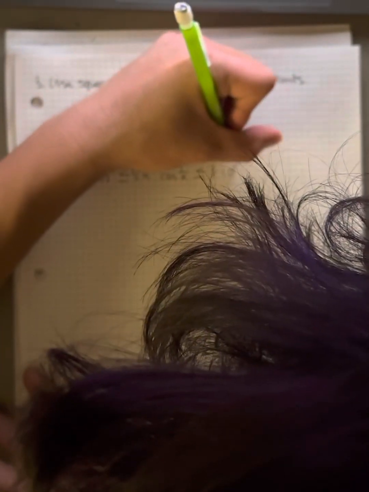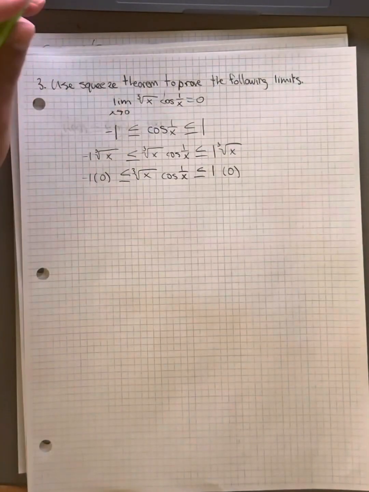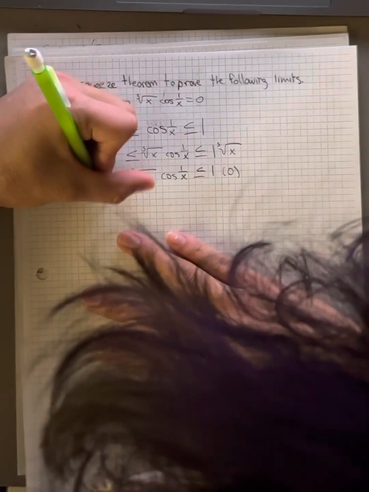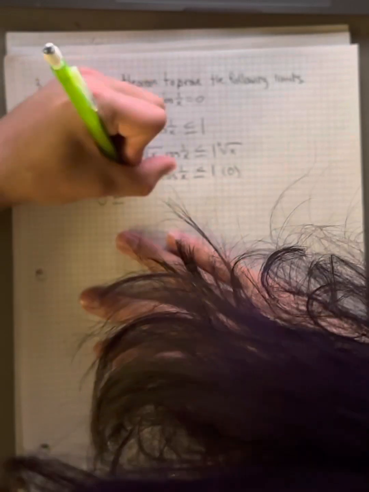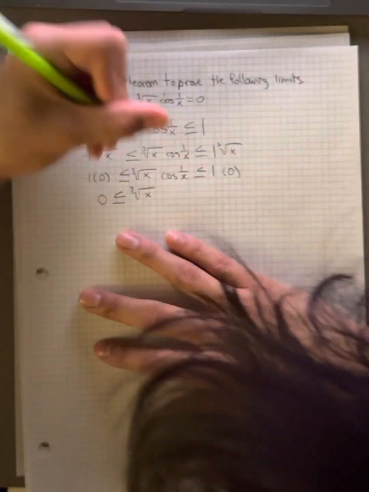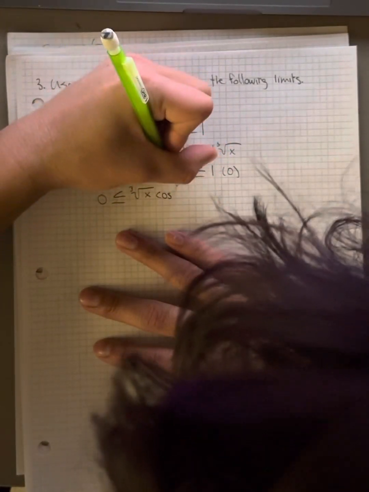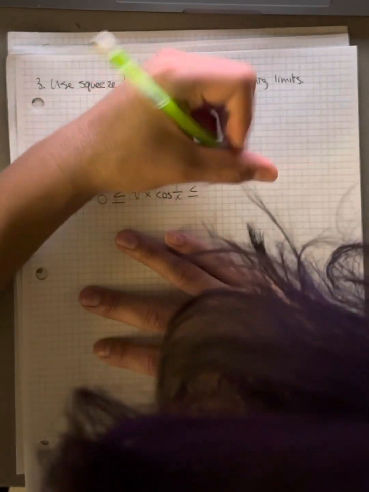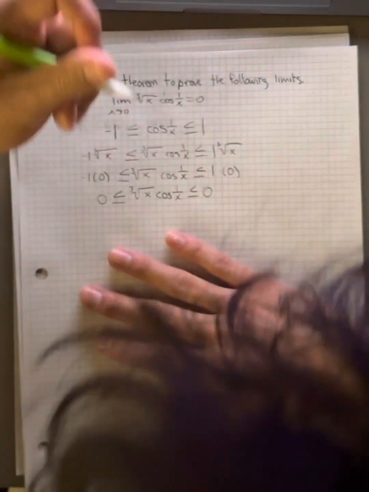So we multiply our upper and lower bounds by 0, and we see that we've sandwiched, or squeezed, our function, if you will, down to what it really comes to.